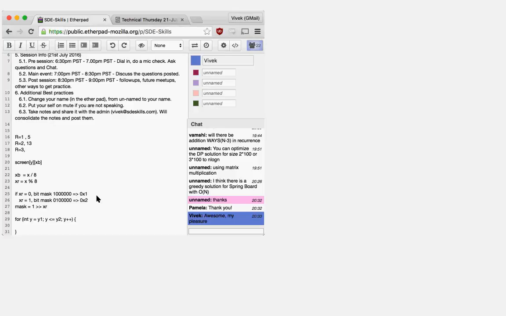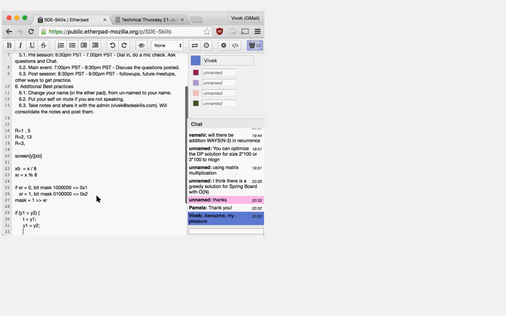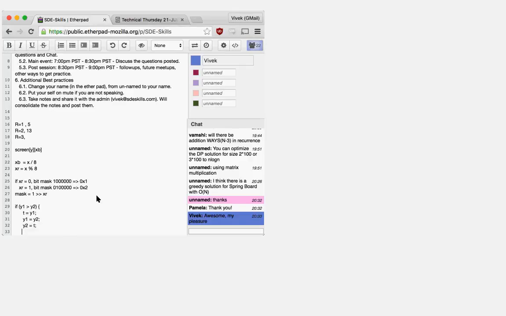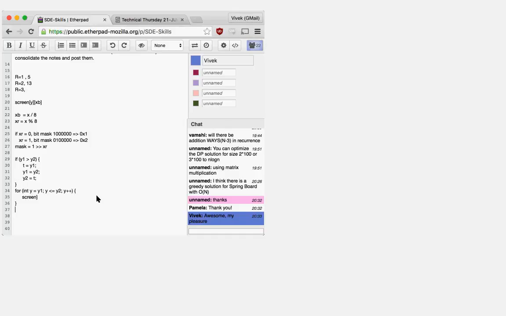So just FYI, you've got to find the y that's the greatest. So basically, you would say if y1 is greater than y2, then t equals y1, y1 equals y2, y2 equals t, or something like that. You'll have to do that first.